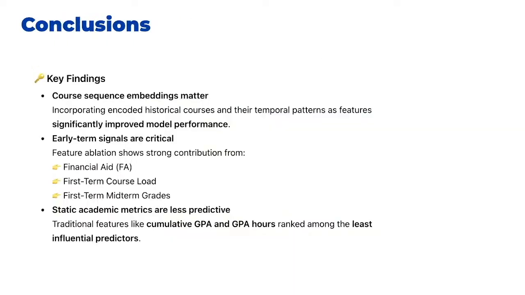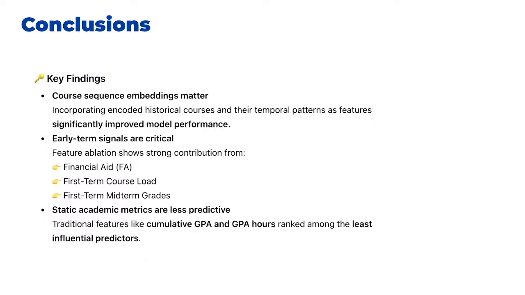The key finding of this study is that definitely the course sequence embedding matters, and I'm planning to bring some domain knowledge from our Office of the Registrar and enrollment and some other people with expertise on how the courses are getting mapped to this model, because right now that part is lacking.